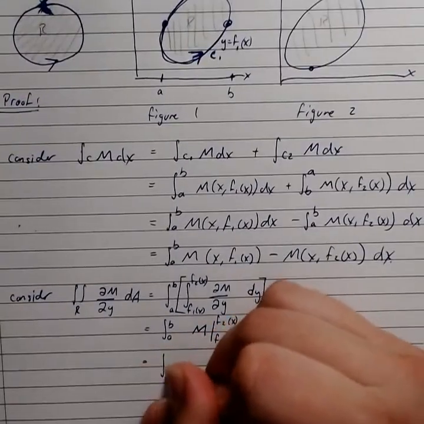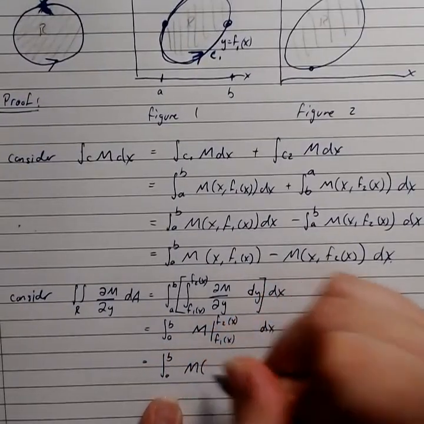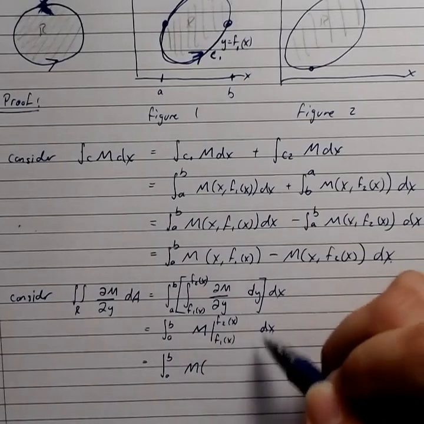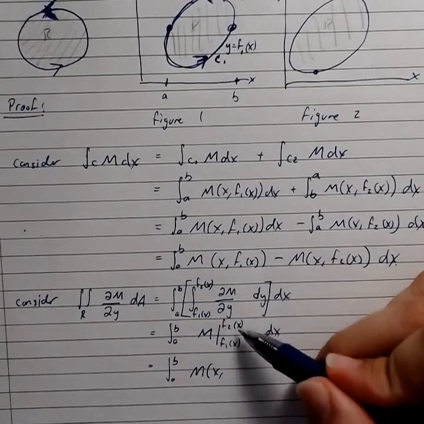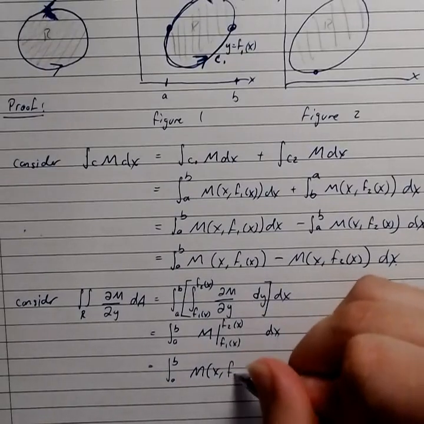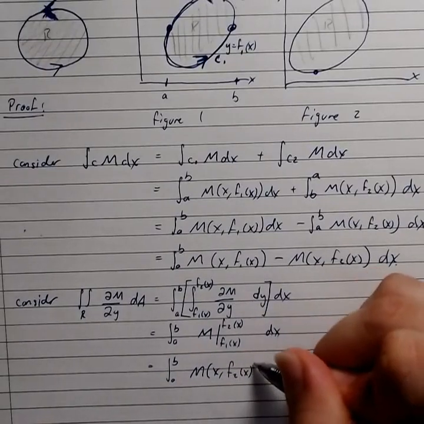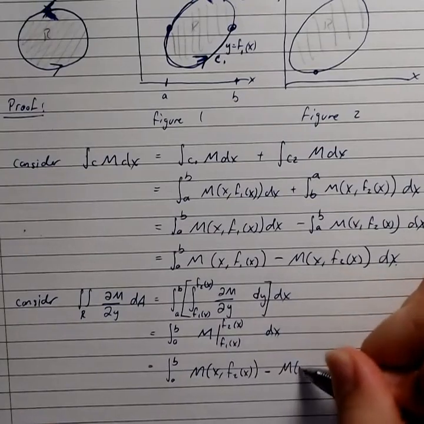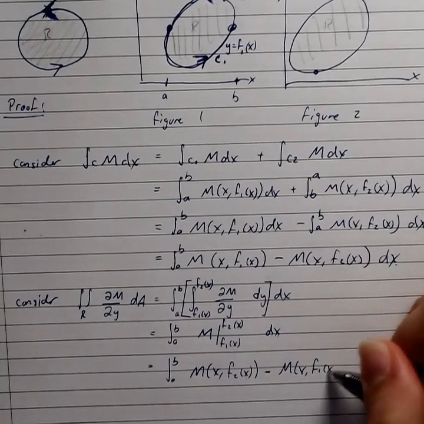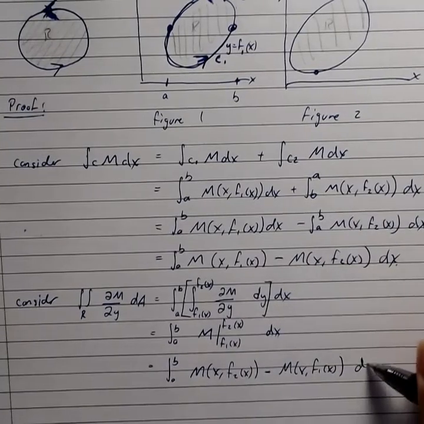So this is the integral from a to b of M of x, f2 of x, minus M of x, f1 of x, dx.